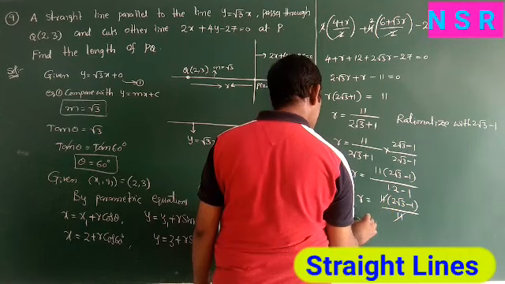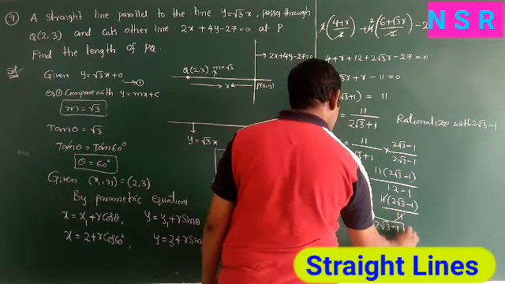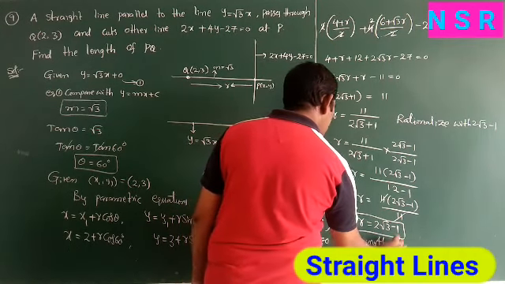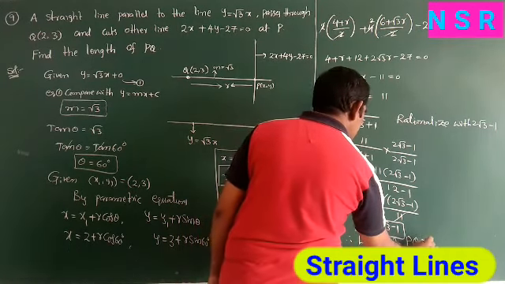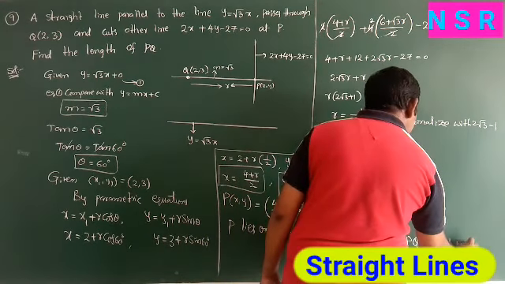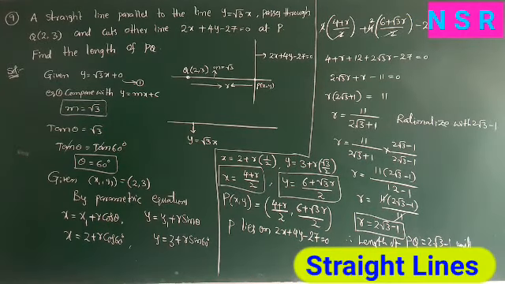So the 11 gets cancelled. Now r equals 2 root 3 - 1. Therefore, the length of PQ is 2 root 3 - 1 units. So this is the length of PQ, and we found it by using parametric equations.